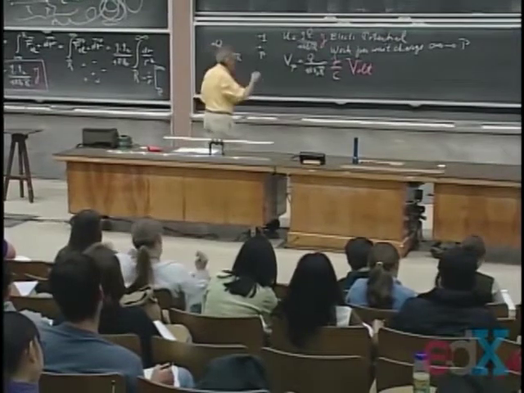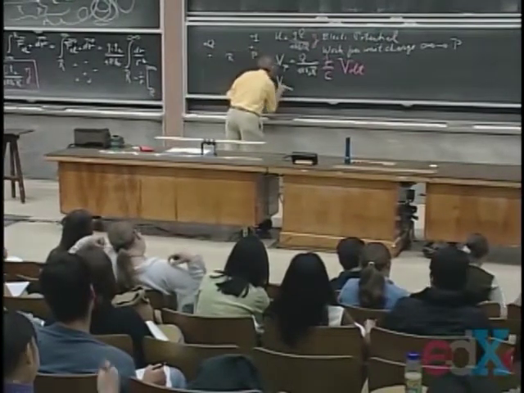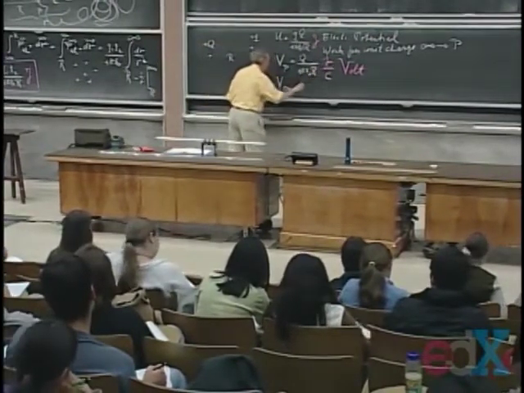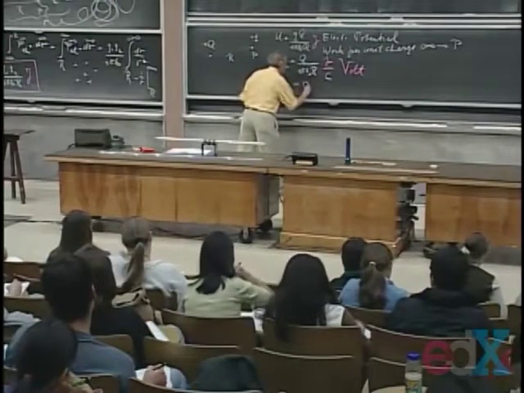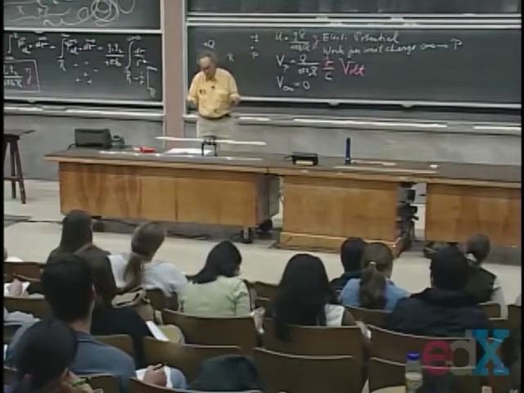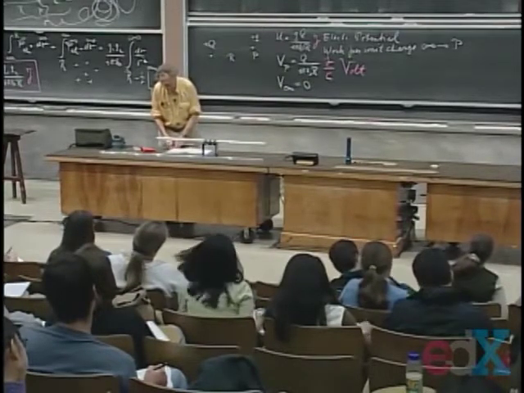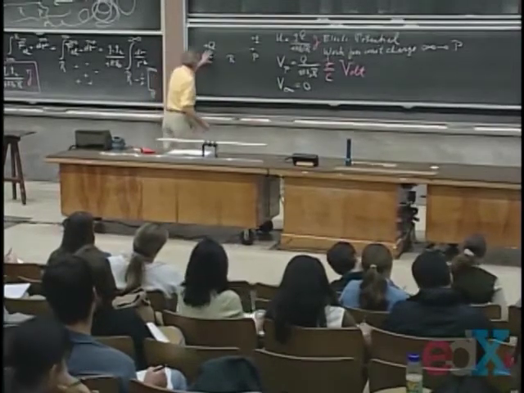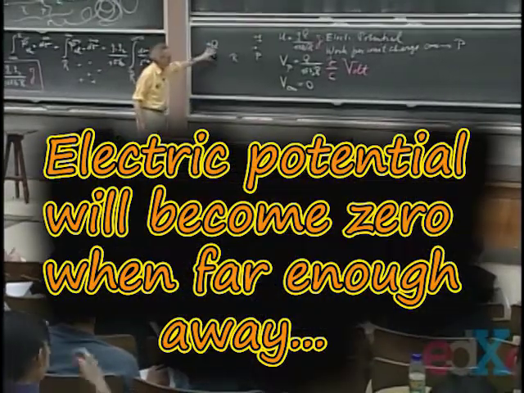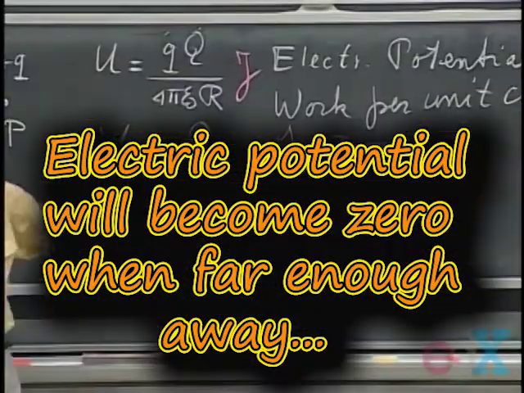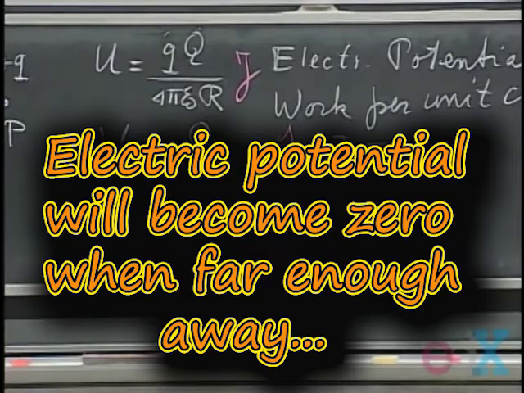And the potential, when I'm infinitely far away, when this R becomes infinitely large, is zero. So that's the way we define R0. So you can have positive potentials near positive charge, negative potentials near negative charge, and if you're very, very far away, then potential is zero.